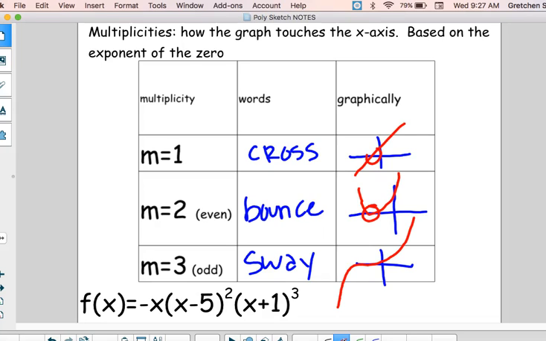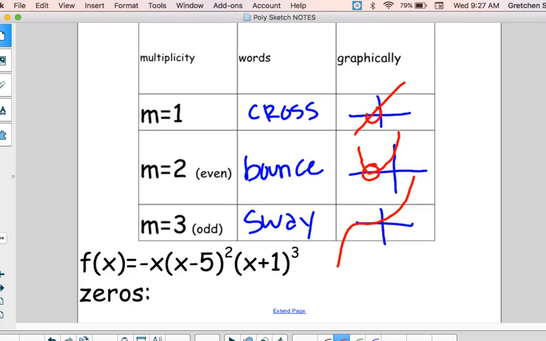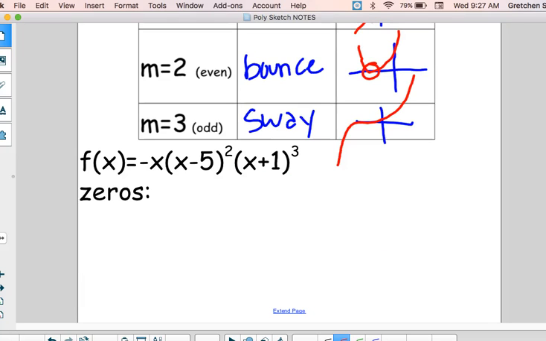So the multiplicities tell you how it hits the x-axis. The number inside tells you where it hits. So finding the zeros. Whenever you find your zeros, it is assumed you will also state what their multiplicity is doing. So the first 0 is right there.